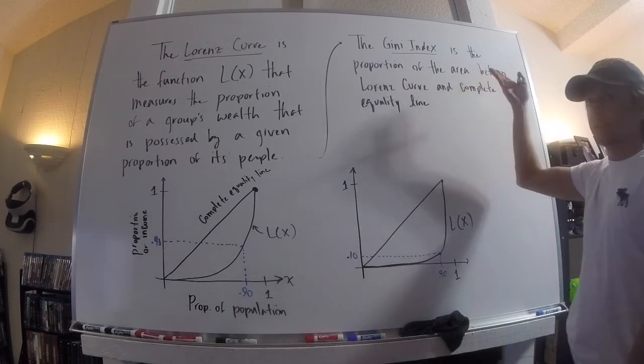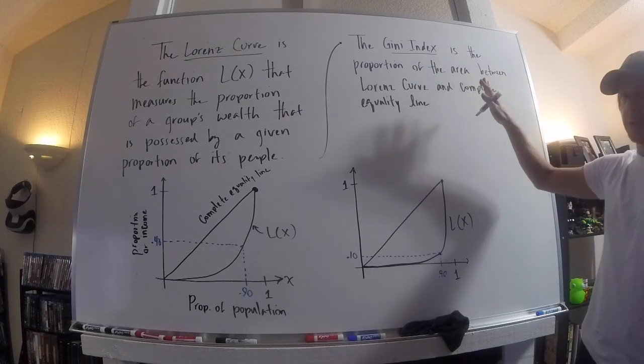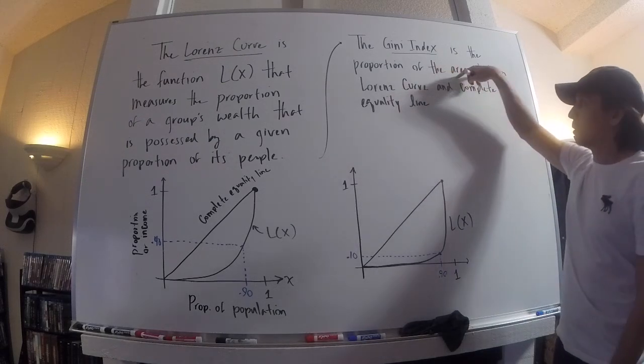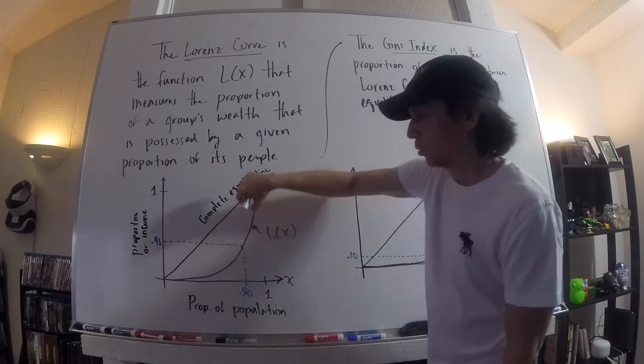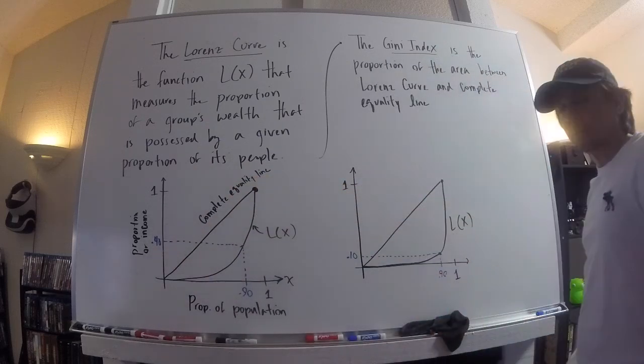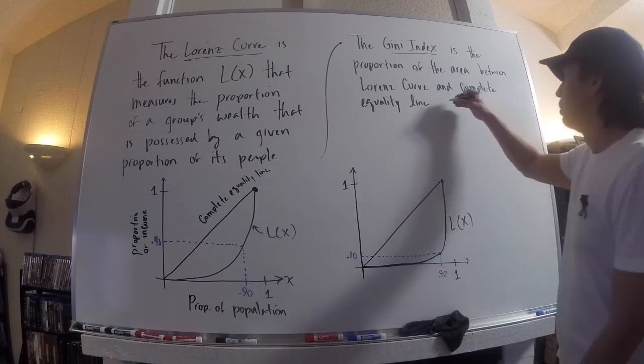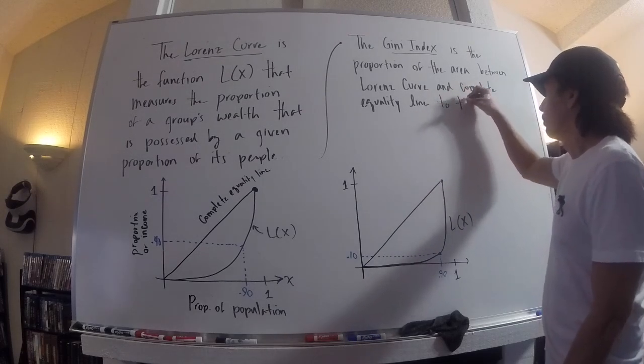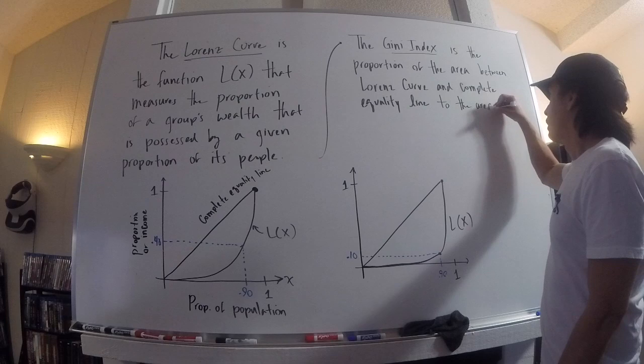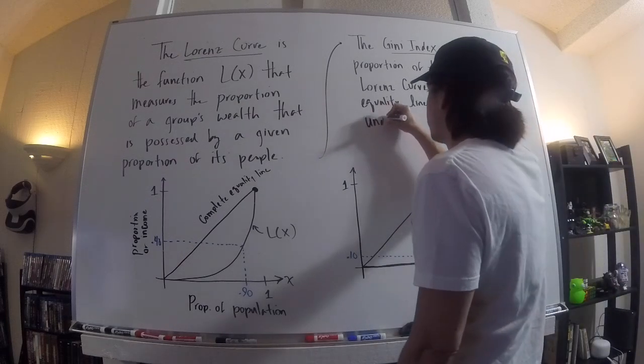It's the proportion of that area to another area, so it's going to be kind of a run-on sentence, but the proportion of the area that's in that little banana-shaped section to the area under the equality line.